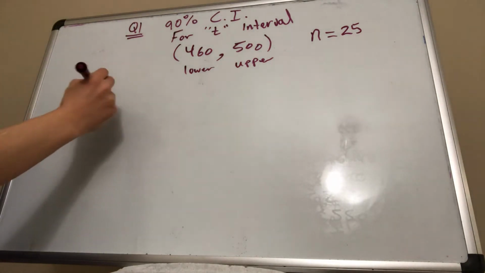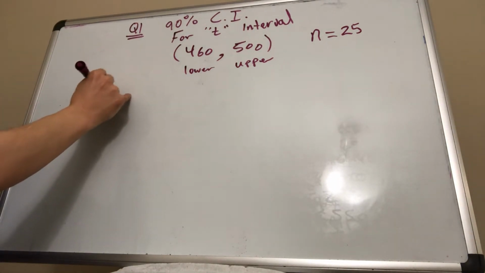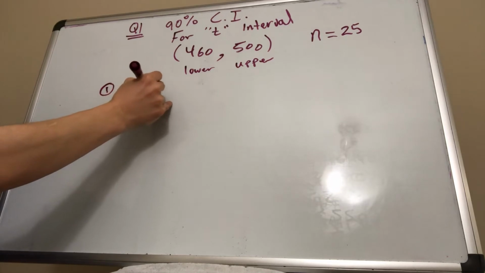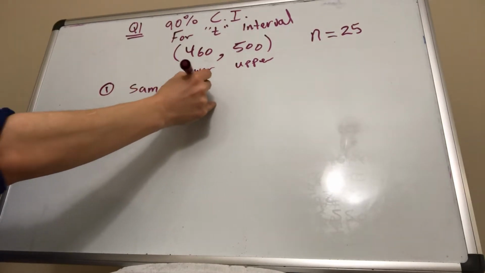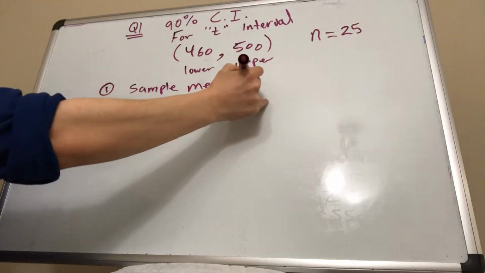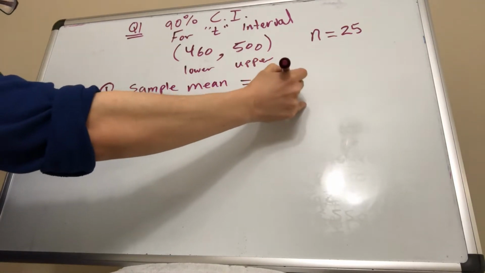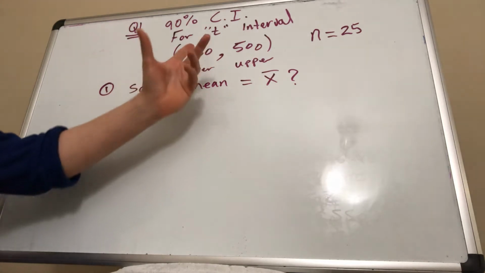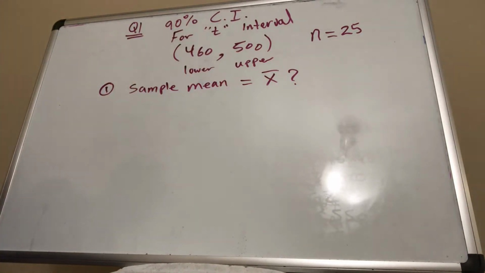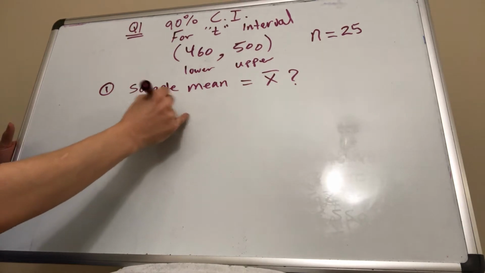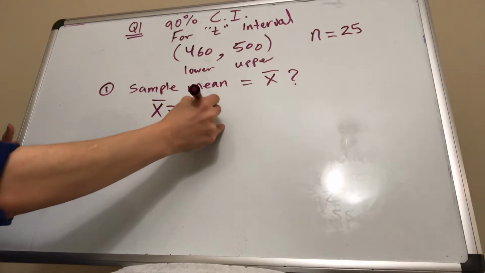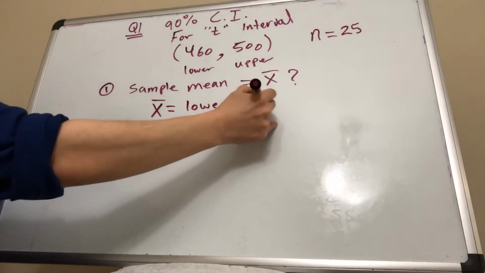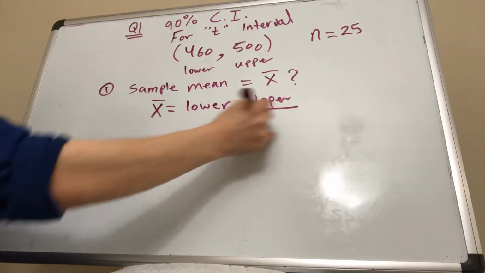The first question is asking for what the sample mean is. Sample mean is x bar, so they're asking for x bar. If you have the lower and the upper point and you're trying to find the mean, you add the lower to the upper, and you divide by 2.